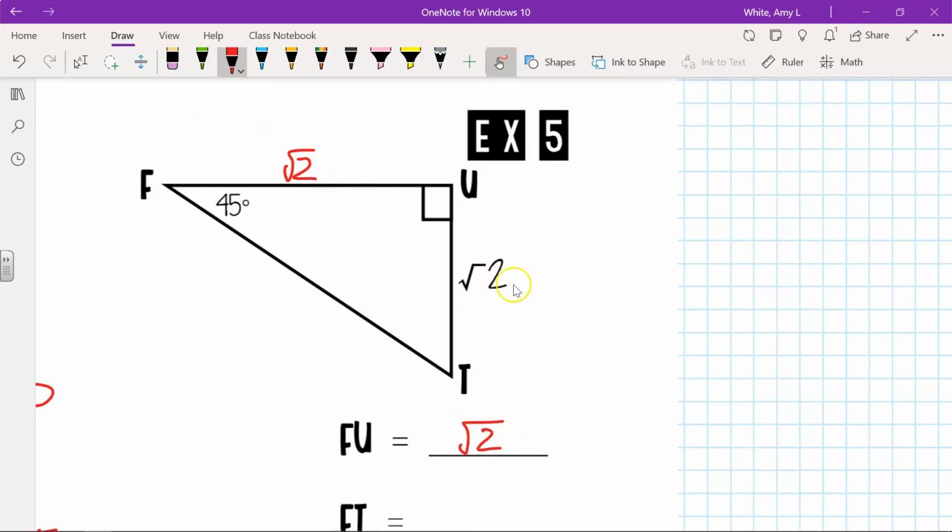Now to get our hypotenuse, in this case we're going from the leg to the hypotenuse. So we are going to multiply by the square root of 2. So we would do root 2 times root 2, which is equal to 2. Once again, your hypotenuse should always be longer than the legs.